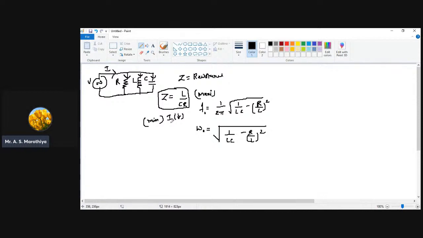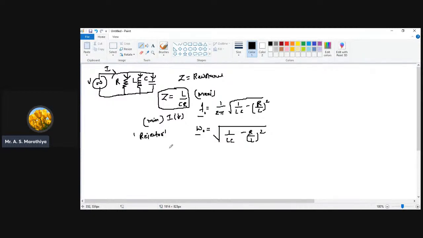That's why parallel resonance circuit is also called a rejector circuit. Why is it called a rejector circuit? Because at this resonant frequency it is going to reject the maximum of the signal and allow to pass only a limited version of current signals, and that's why this circuit is called a rejector circuit. This is very, very important.